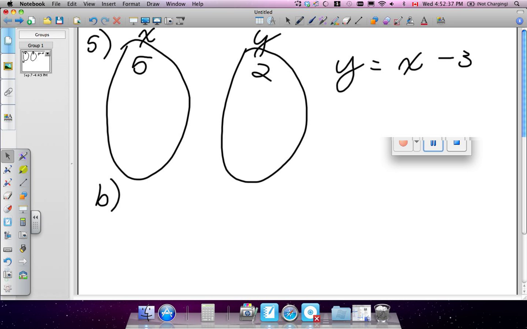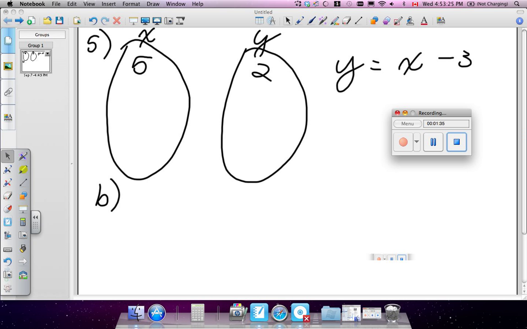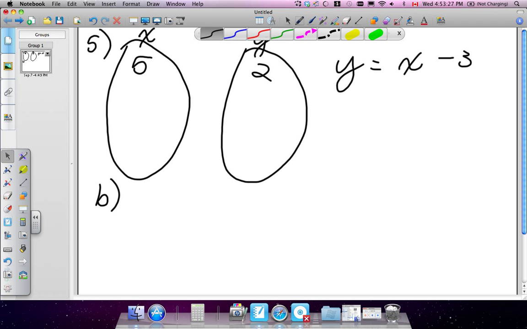Okay, so the next one says the output, which is our y, is 5 less than the input multiplied by 2. So our y, and here's our input is our x. Our output is 5 less than the input multiplied by 2.